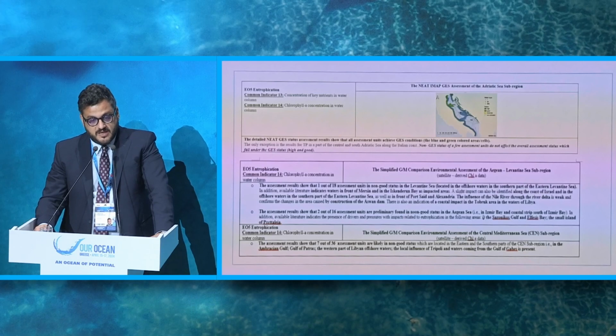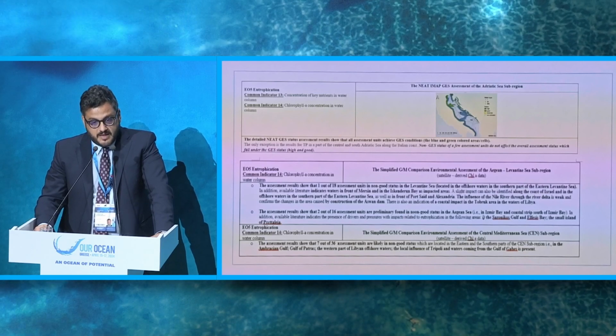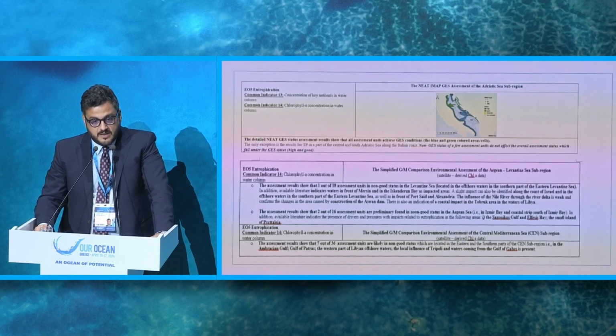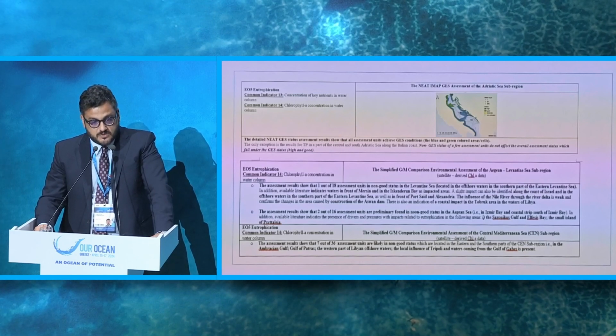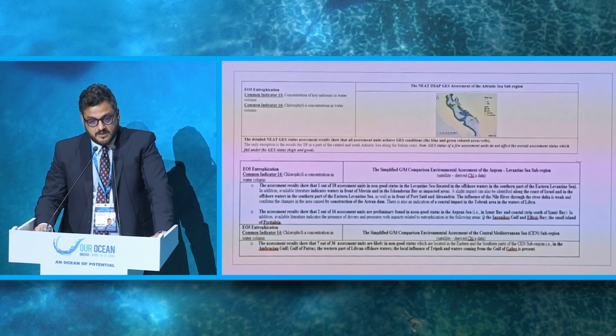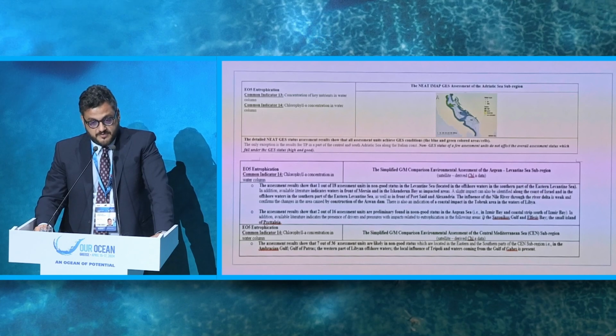We also used information from literature for several specific areas in the region, and the assessment result shows that 2 out of 16 assessment units are primarily found in non-good status, especially for the Aegean Sea.